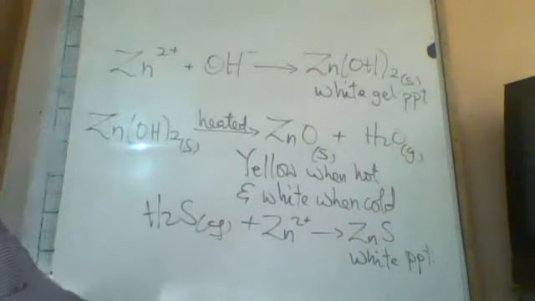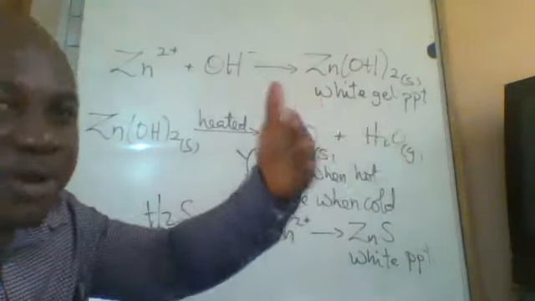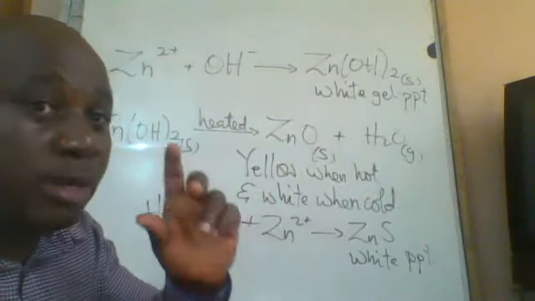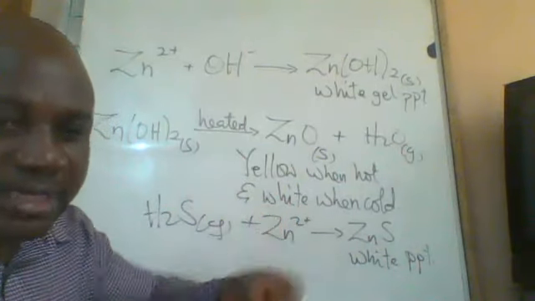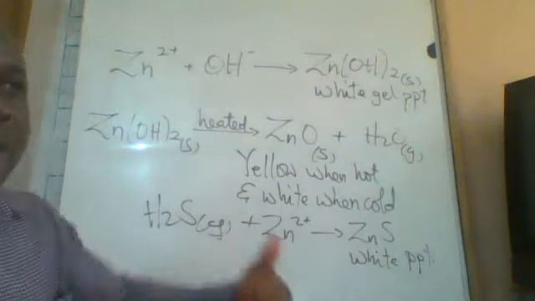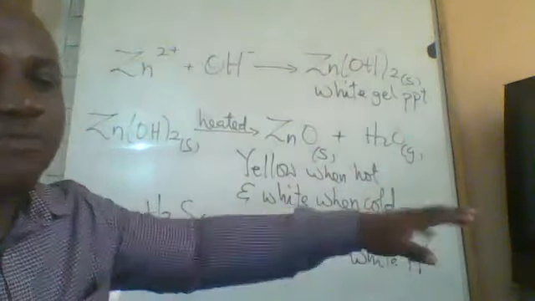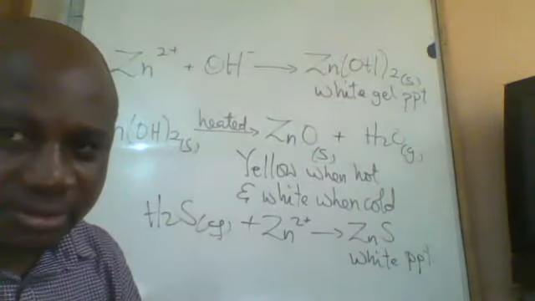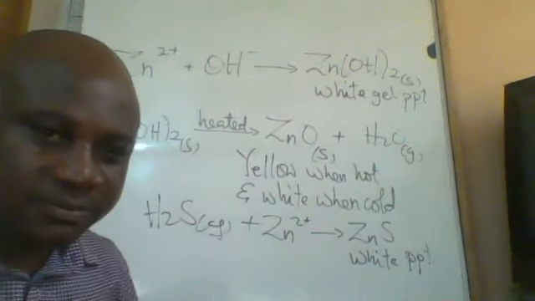So please, before you get to the confirmatory test, the preliminary test alone will give you a clue, a hint that zinc is there. So any other subsequent test that you are performing is just to aid or to confirm it. So I want you to see it in that light.